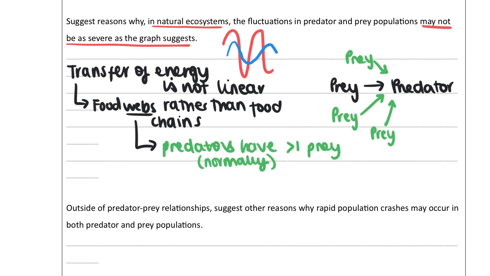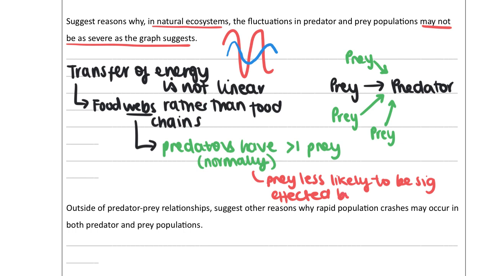Therefore, the prey numbers are less likely to be significantly affected by predation. And when I say the prey are less likely, I'm talking about their population size.